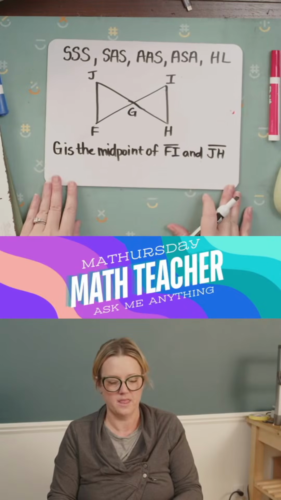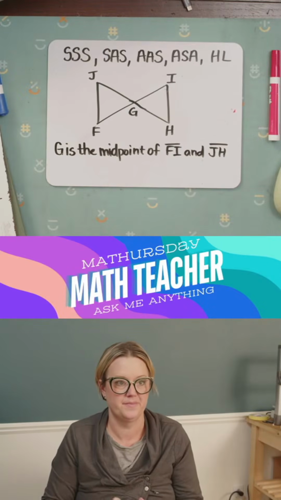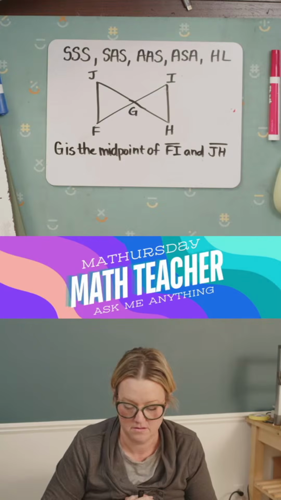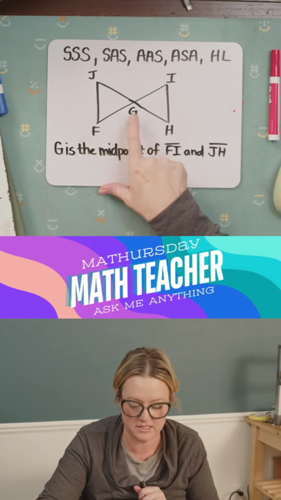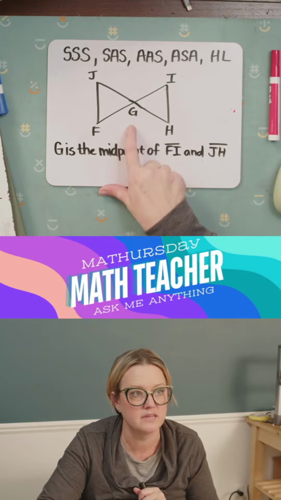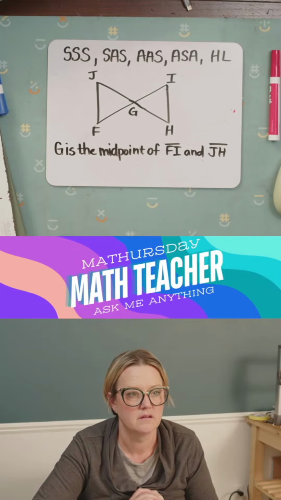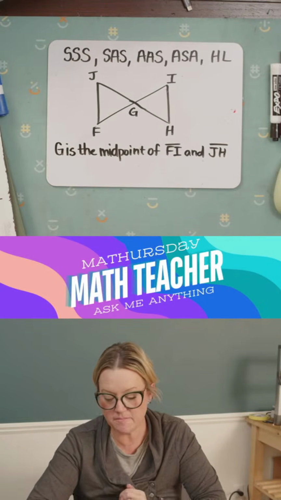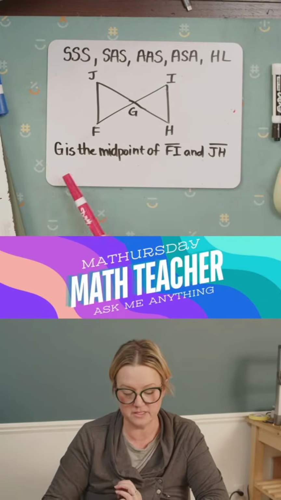Okay, so that's what you're given. Why is there a number on the bottom but not the top in the middle? Here, that's just labeling that point right there, that G. So if G is the midpoint of FI and JH, this is the information that we're given.